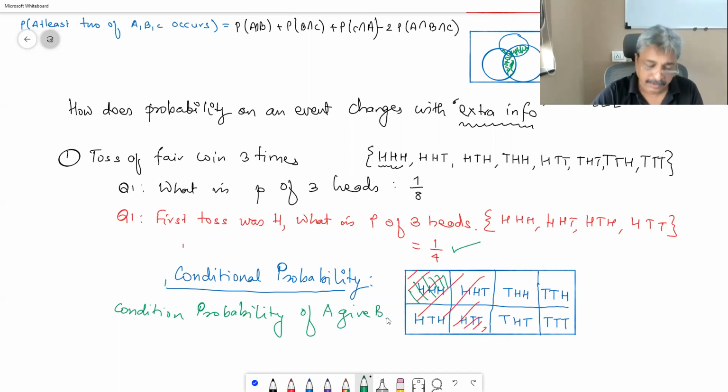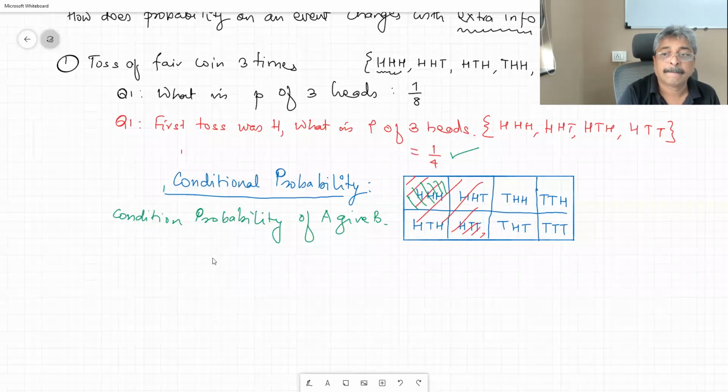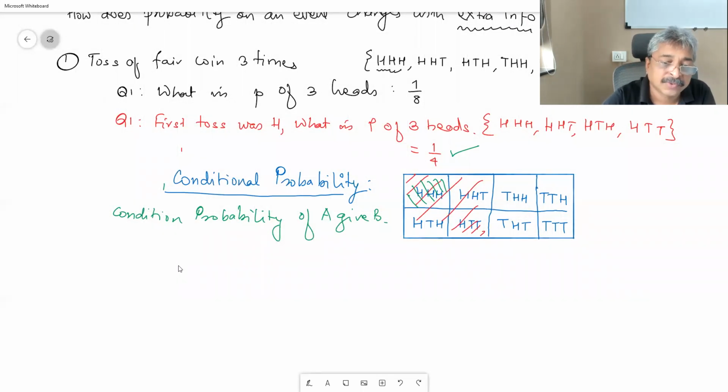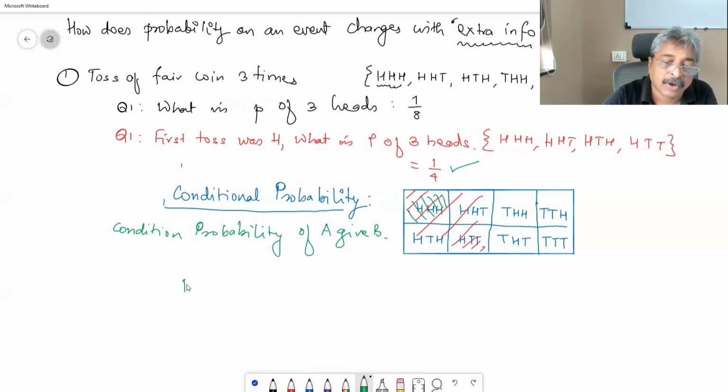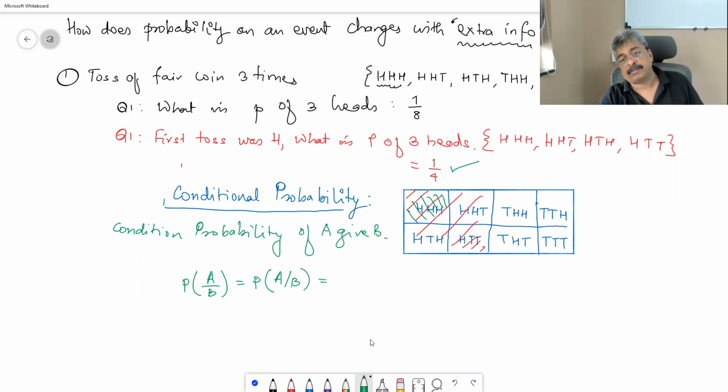The probability of event A happening given B is denoted as P(A divided by B), or it is also written as P(A/B), A given B. Probability of A given B.